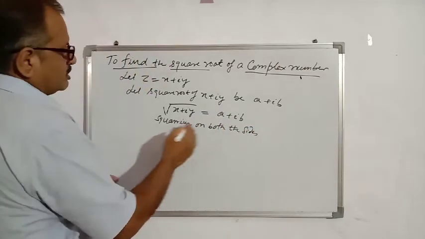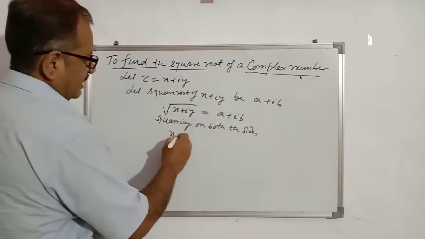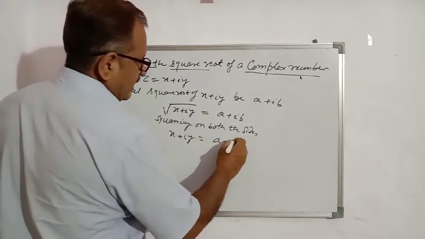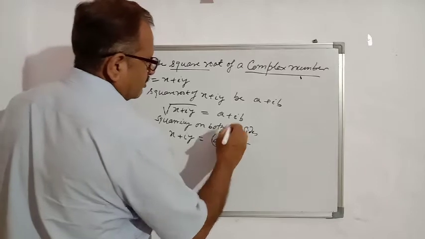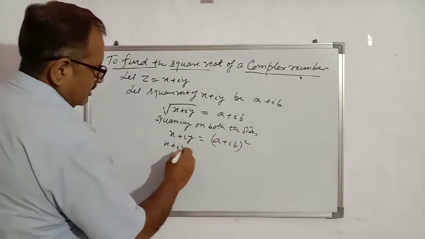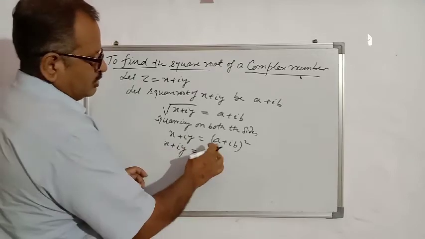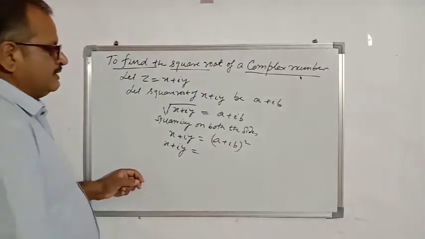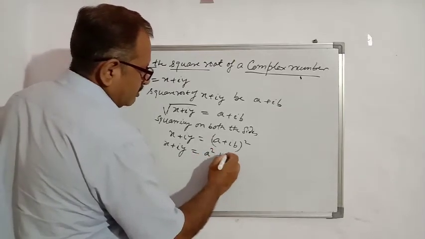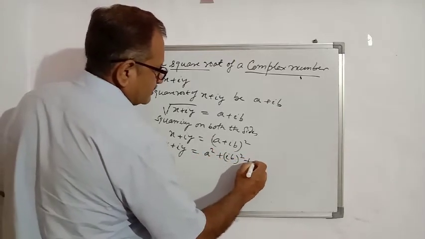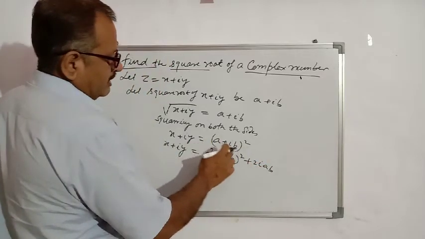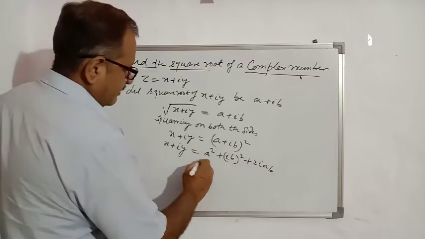While we take the square, on the left side we will write x plus iy. Right side, a plus ib whole square. So x plus iy is equal to, use the a plus b whole square identity, a square plus ib whole square plus 2ab, so 2 into a into ib, 2iab.